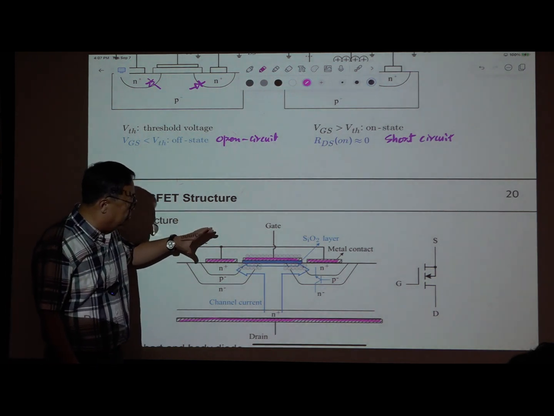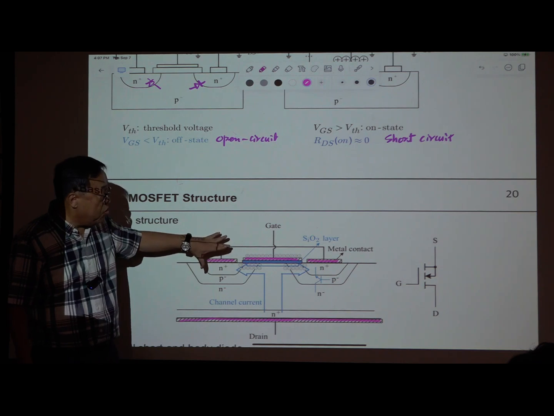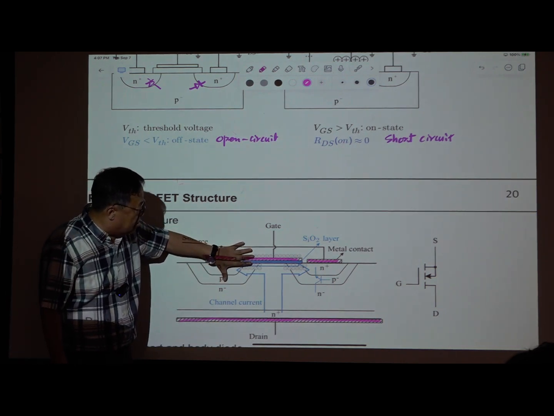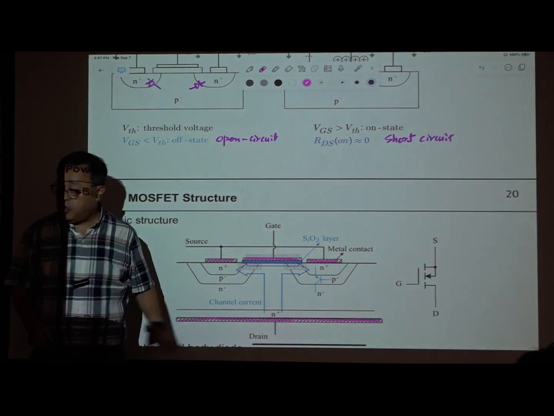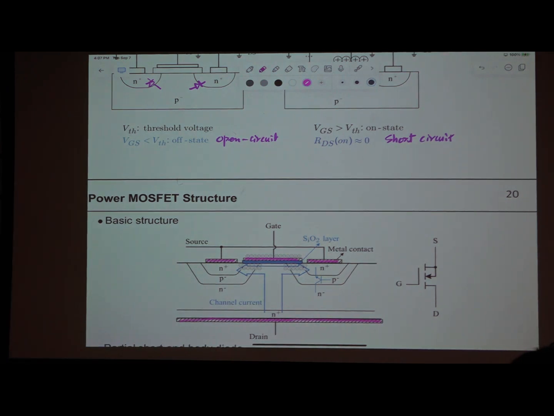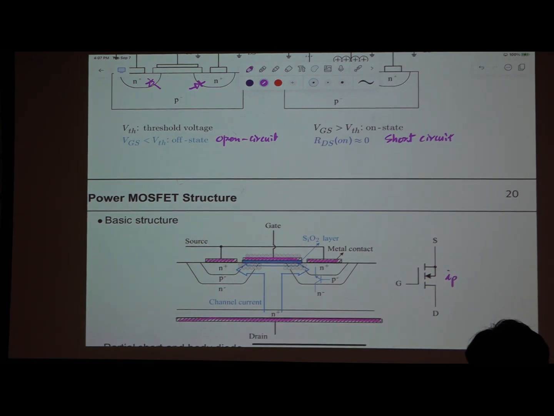Then there is a capacitor between this gate and the source. There is a capacitor consisting of this dielectric capacitor and the junction capacitor, right? So for this device, the current will flow, I, okay, let me use this notation, I P minus N plus.